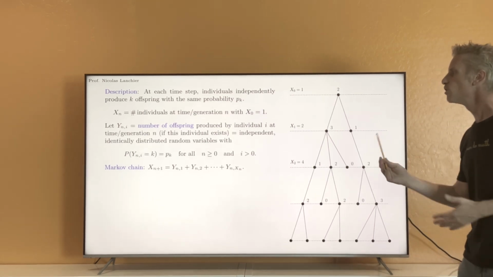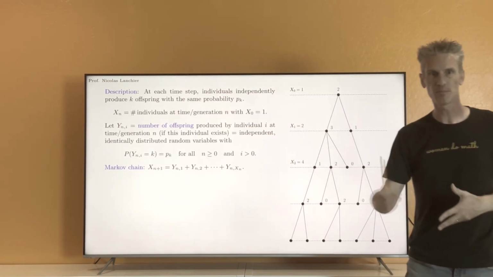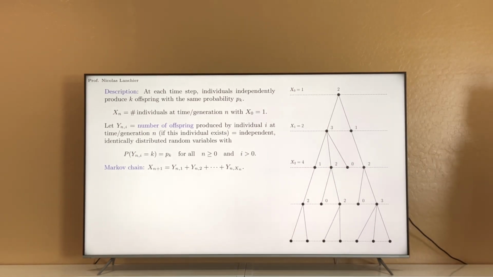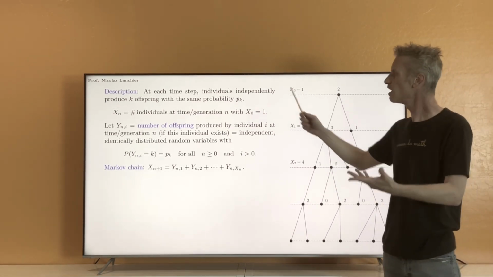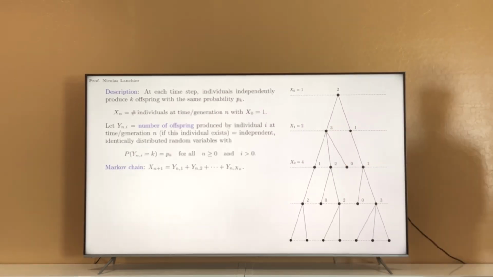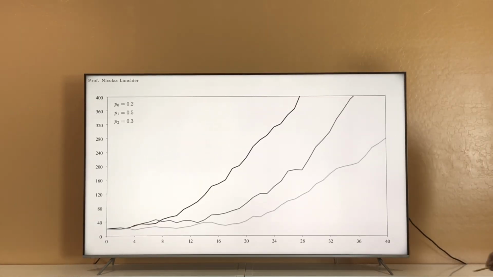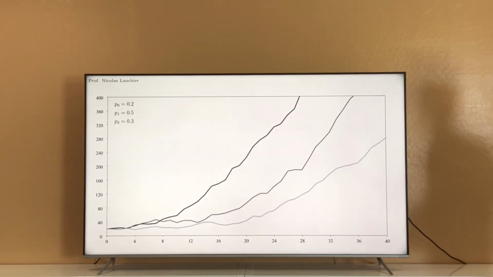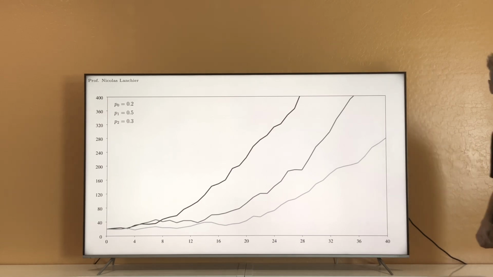Alright, so before we move on to the next step and look at the connection with martingales, I wanted to show you simulation pictures that I created using this algorithm, which show different independent realizations of your Galton-Watson branching process.